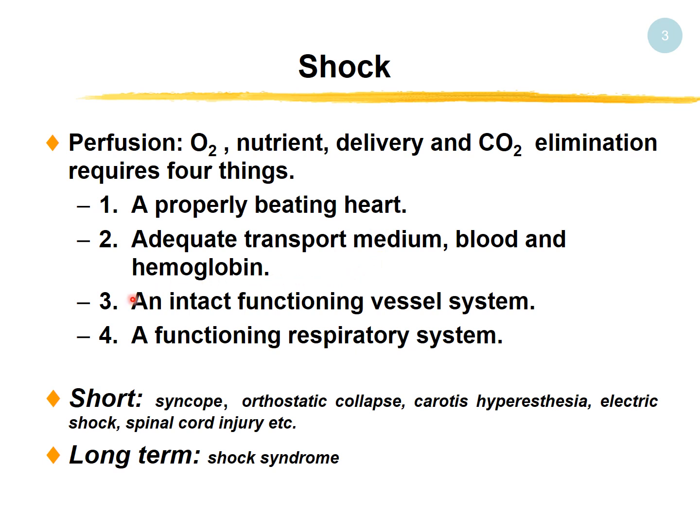And of course, the vessels, the tube system, should be intact. It cannot leak out. So whatever is coming from the heart should reach the periphery and should come back.